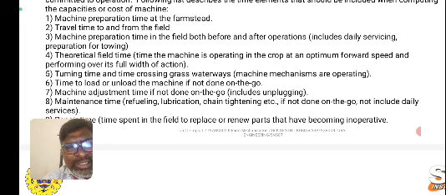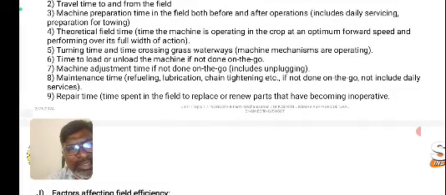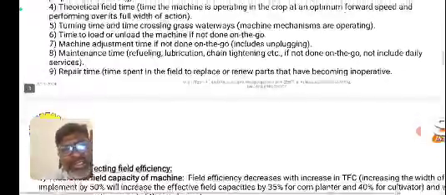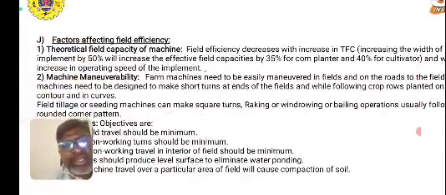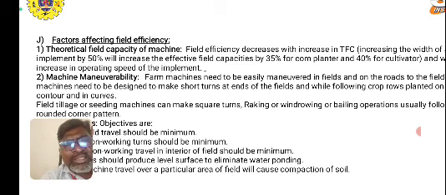And machine adjustment time, if not done on the go. Maintenance time, that is refueling, lubrication, chain tightening, if not done on the go, not including daily services. Repair time is the time spent in the field to replace or renew parts that have become inoperative. So all these things are to be taken into account. Those are the factors affecting the field efficiency.